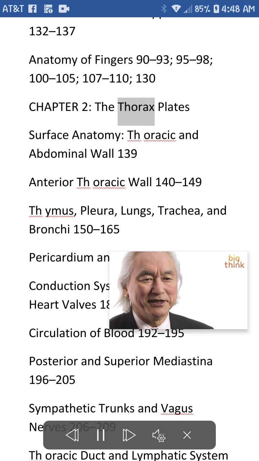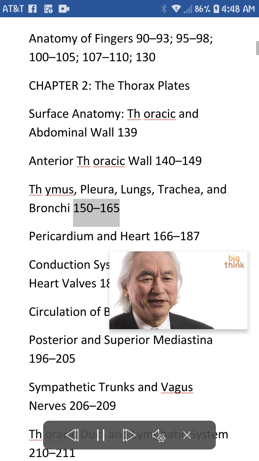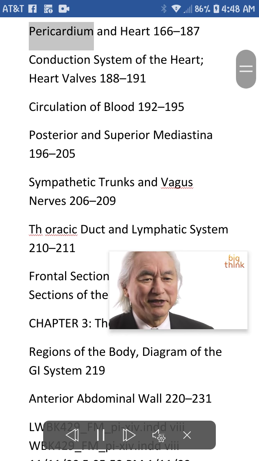Chapter 2, the thorax plates. Surface anatomy, thoracic and abdominal wall 139. Anterior thoracic wall 140 to 149. Thymus, pleura, lungs, trachea, and bronchi 150 to 165. Pericardium and heart 166 to 187. Conduction system of the heart, heart valves 188 to 191.